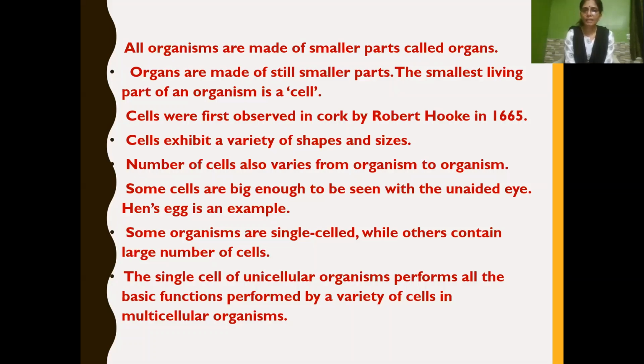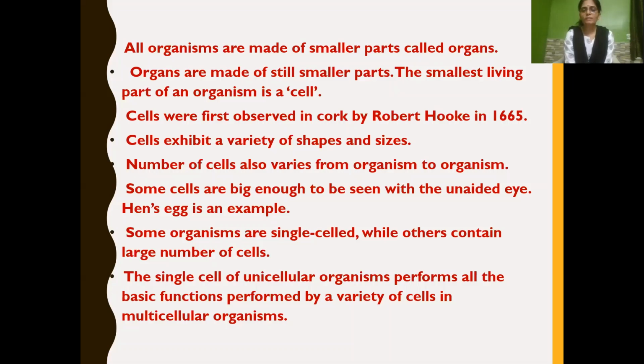About size, what we have learned is that some cells are big enough to be seen with the unaided eye, that is, with the naked eye we can see a single cell. A hen's egg is an example of a cell which we can see with our naked eye.